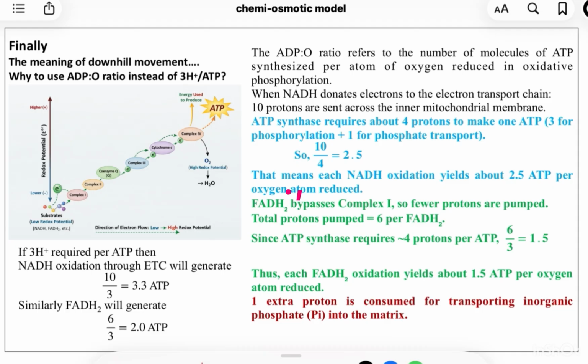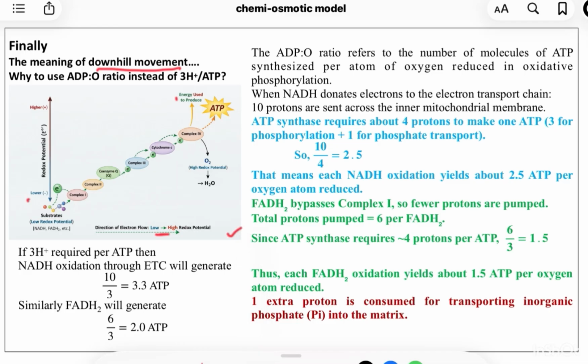The first important one would be, what do we understand by the downhill movement of electrons, about which we have been talking time and again? This means that the electrons move from high energy to low energy state, or from the low reduction potential to the high reduction potential.